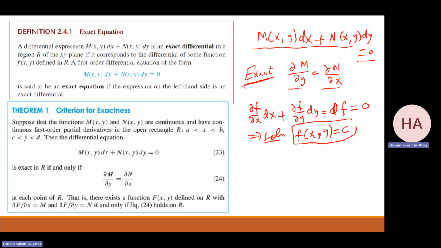So we have two things. First, I need this to be partial f with partial x for a specific function, and this one partial f with partial y for the same function. If that is happening, that means I can write it in this way. So I have df equals 0, so the solution is f(x,y) equal to c. Now, what is the procedure to solve it?